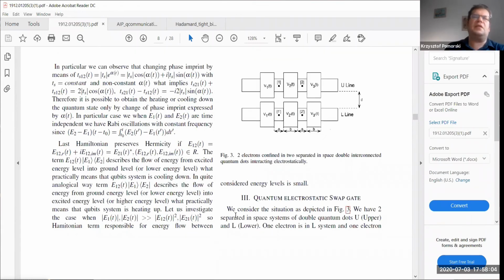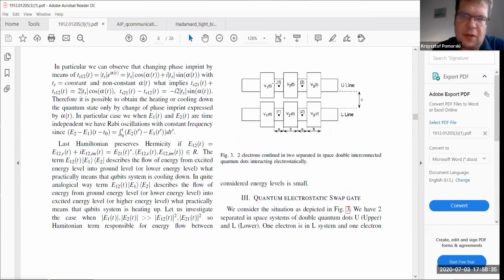So let me start with the treatment of those quantum gates. We have two electrons on two parallel lines. Each electron can be at place 1 and 2 on the upper line, and at place 1 prime and 2 prime on the lower line, and those two lines can interact.